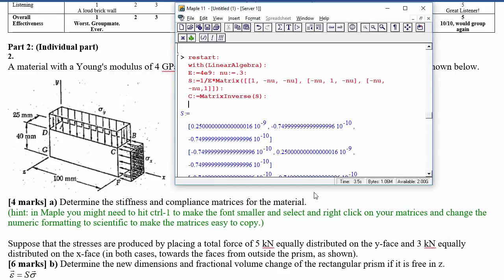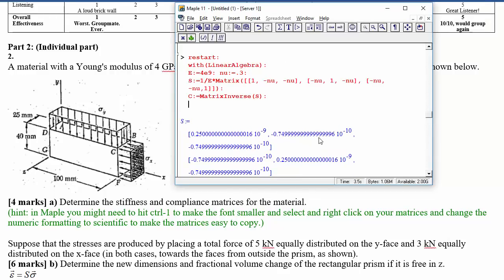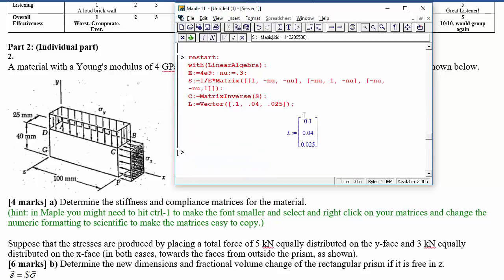How do we want to do this? Let's make an L thing, which is going to be the vector length. The L in X is 0.1, in Y is 0.4, and in Z is 0.25. Oh, these are 0.025 and 0.04. Yeah, so these are in meters now. Okay, so that's the length vector.